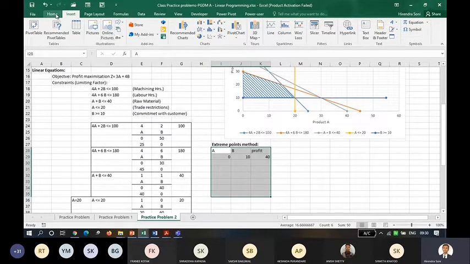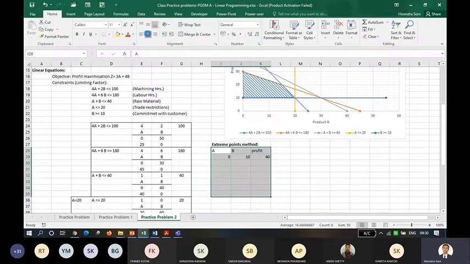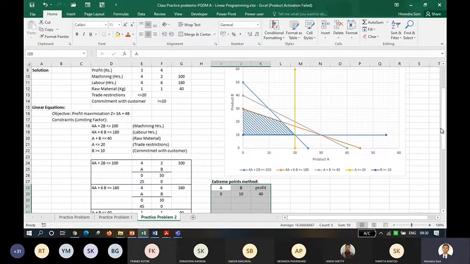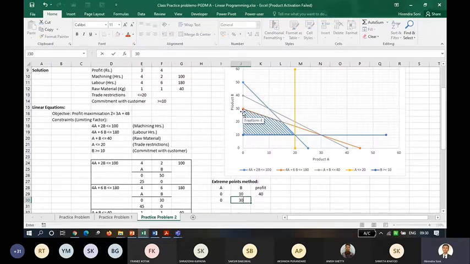Let us check it at all the other points also. Wherever we get the maximum, that would be our operating point. Now, the second point: A would be 0, B is 30. Perfect?